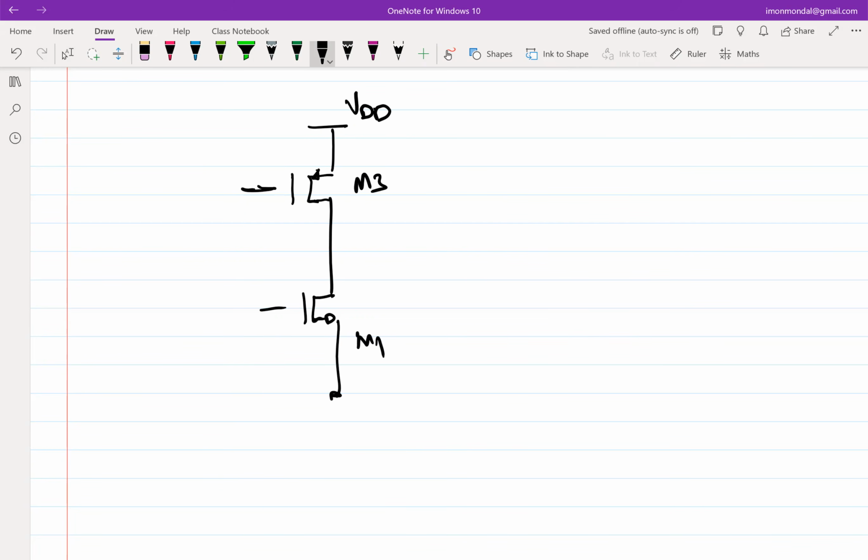But if I am not concerned about incremental input, I am only concerned about bias, so that I can remove VI. And then incrementally, that is 0, which essentially means that the VGS of M1 and M3 are constant, right? So which means I have a bias here and I have a bias here, right? This is the bias picture.